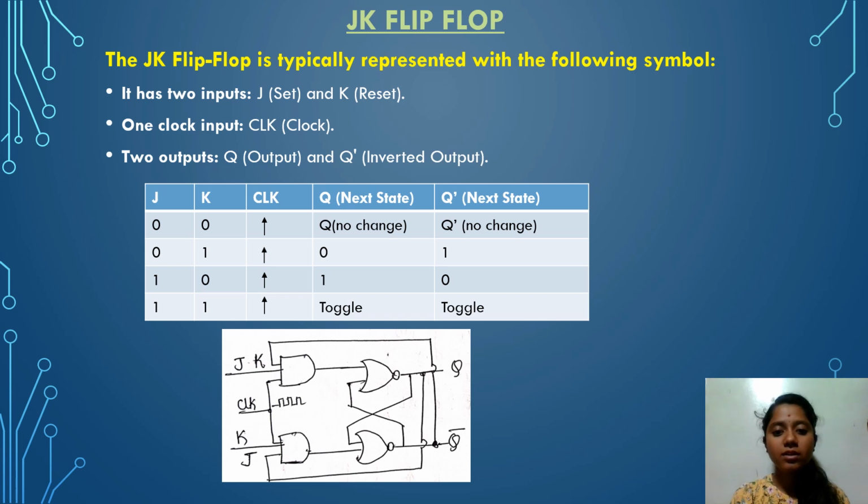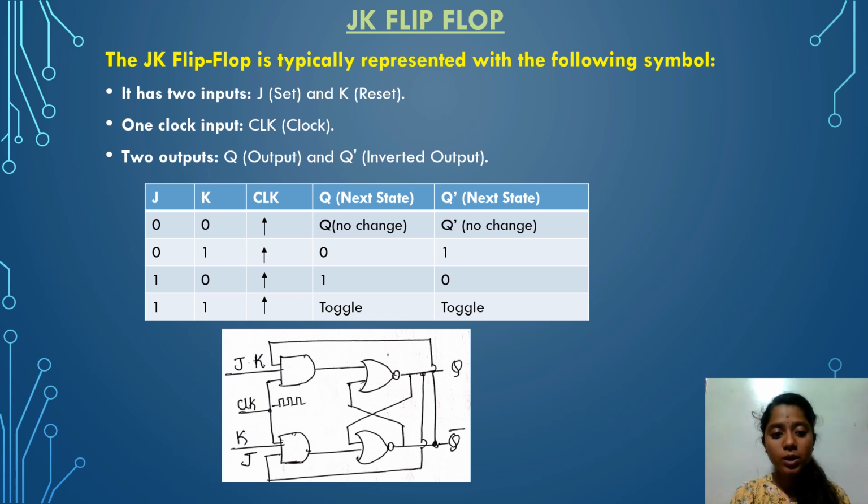So from the below truth table of JK flip-flop, we can get to know that when J is equal to 0 and K is equal to 0, there is no change. Q retains its previous value and also the Q bar. And when J is equal to 0 and K is equal to 1, it is in reset state, and Q becomes 0 and Q bar becomes 1.